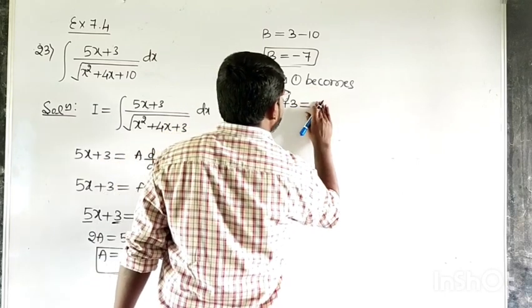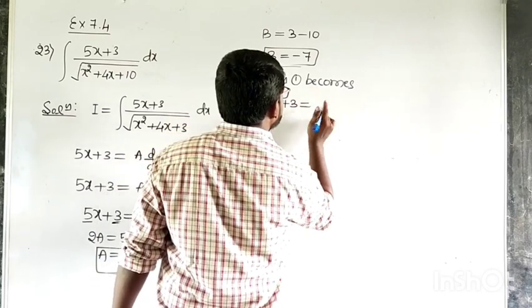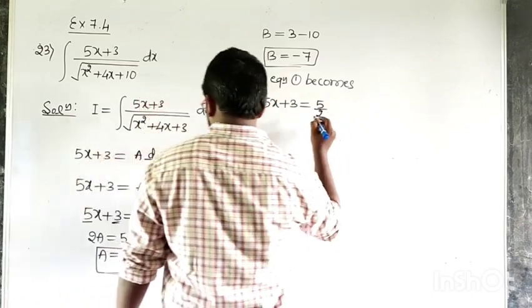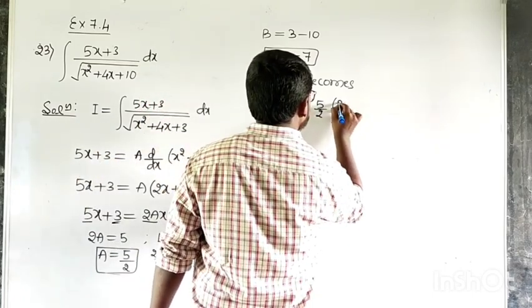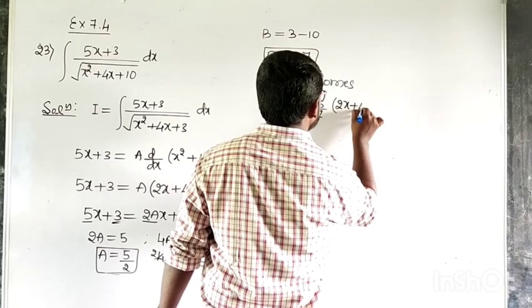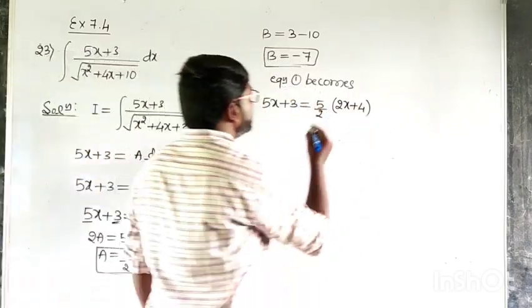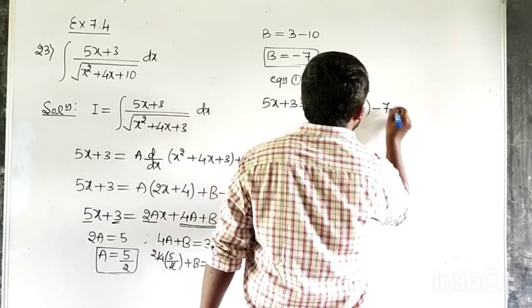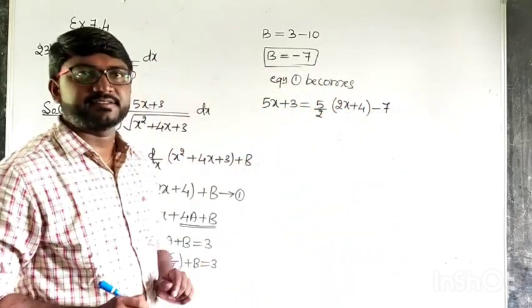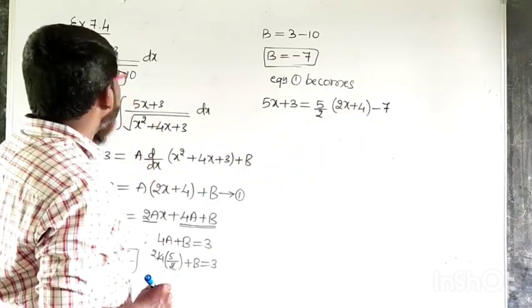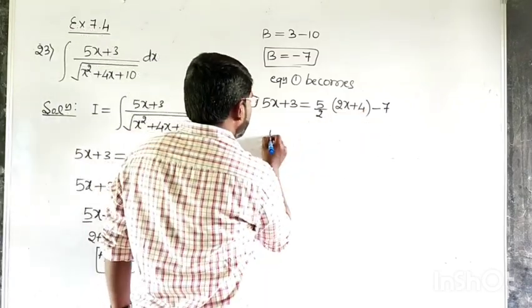It is 5 by 2, into (2x plus 4), plus B, that is minus 7. Plus into minus is minus, that is why I have written minus. Now on both sides we have to divide by the denominator of the integrand.